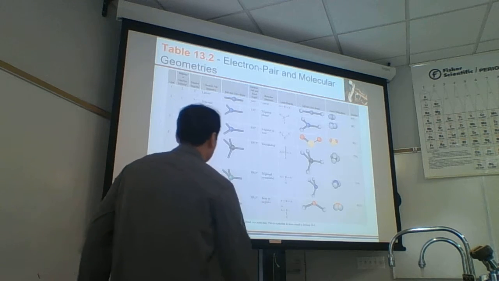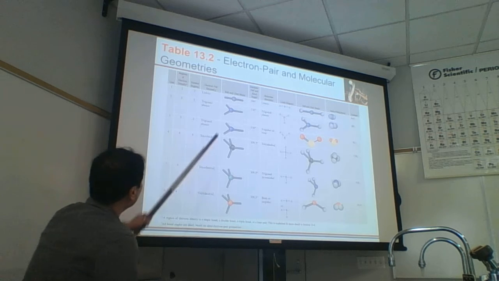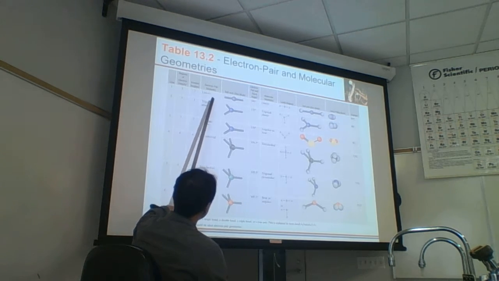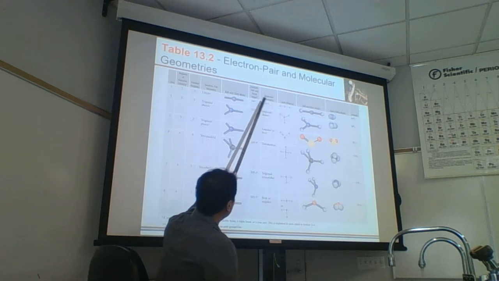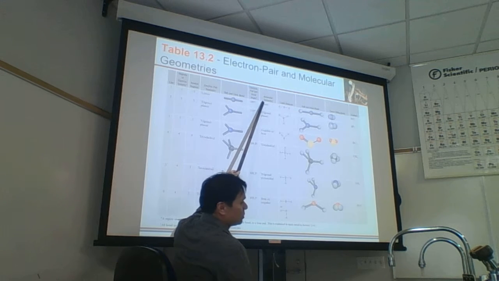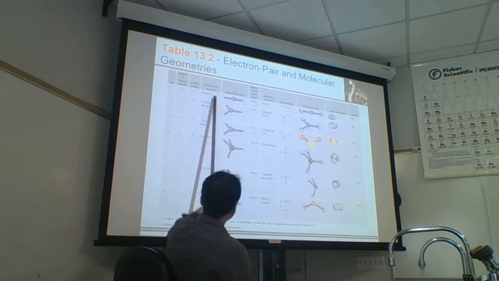Now it gets a little bit tricky because we have an EPG. The EPG is called the electron pair geometry, and it's just the geometry based on the number of groups. We have another geometry. You see that? What's this geometry called? Yeah, molecular geometry. Now, what's the difference between a molecular geometry and an electron pair geometry?